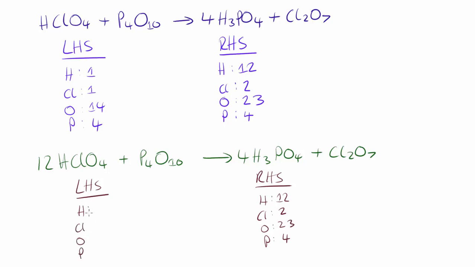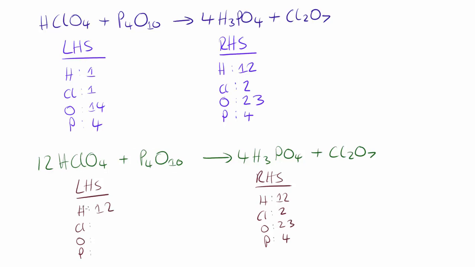On the left hand side, let's actually work through that step by step, right? So for hydrogens, we added the 12 as the coefficient in front of the perchloric acid. So that's going to be 12. For chlorine, this only occurs in this species, right?